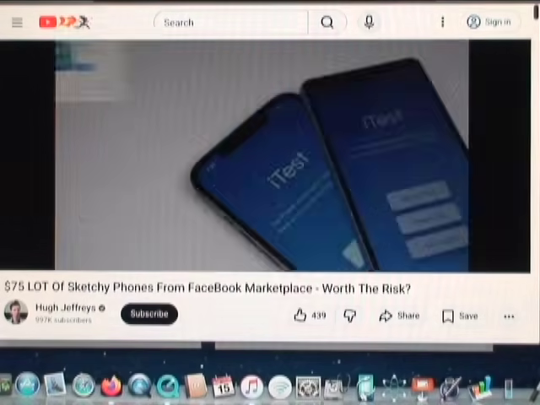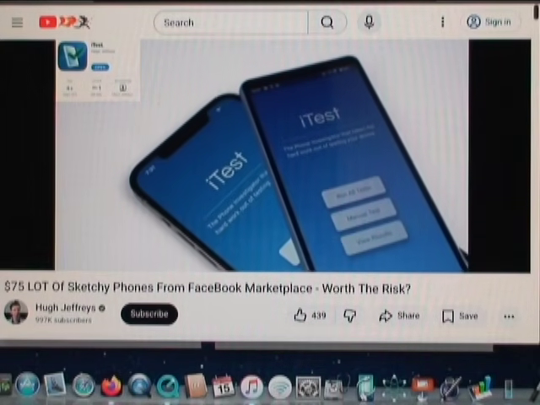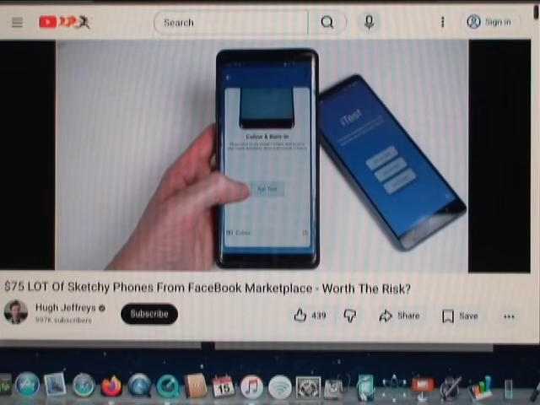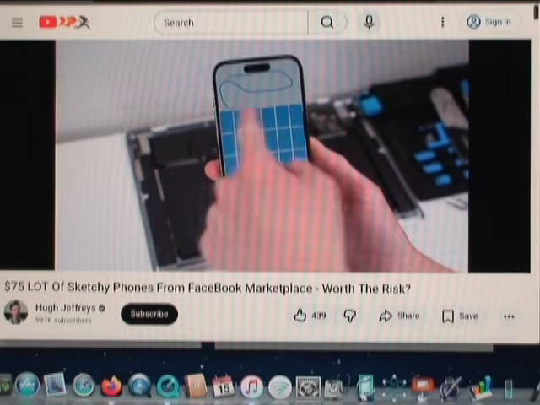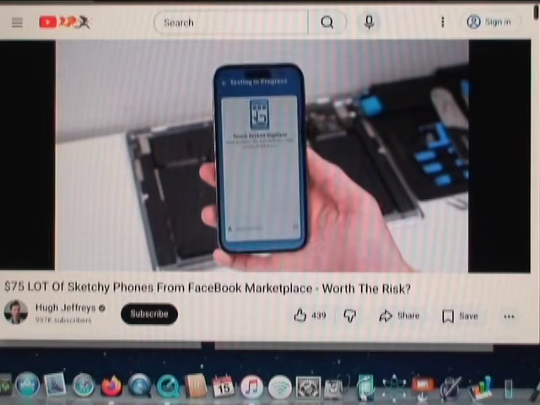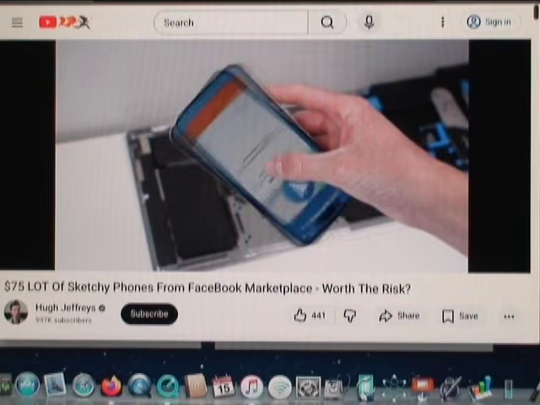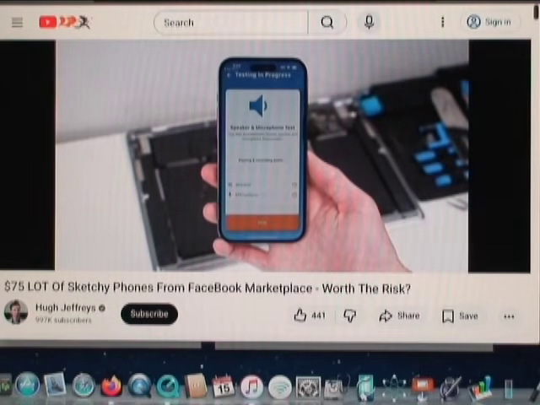Yeah, if you're looking for a way to test all the major functions of a used phone, test it with iTest. Not only does it give you an easy way to test a display for touch and burn-in, but it has loads of other tests too, including sensors like gyroscope and compass, hardware like cameras, vibration, and NFC.